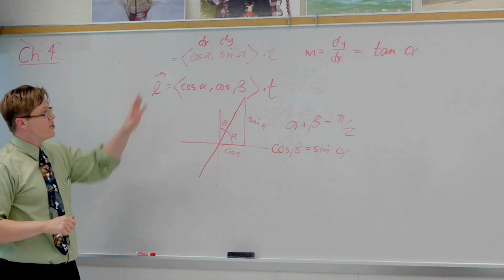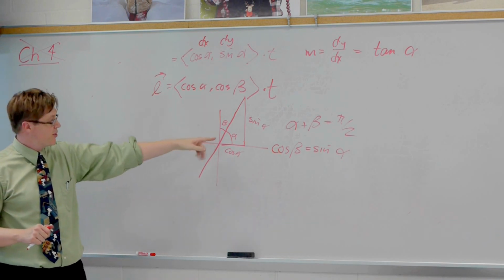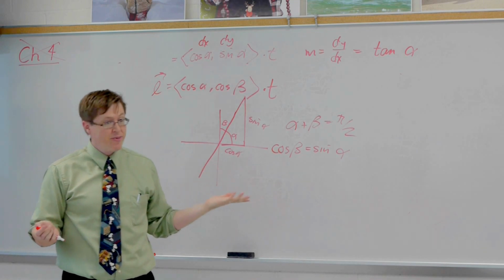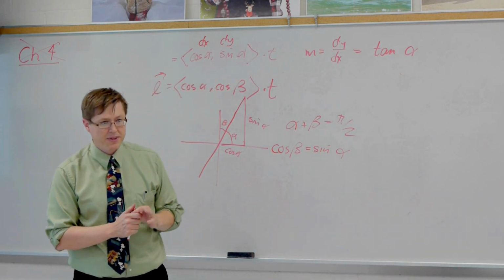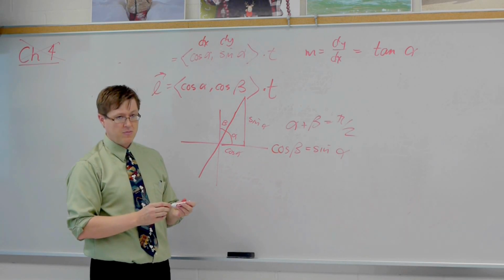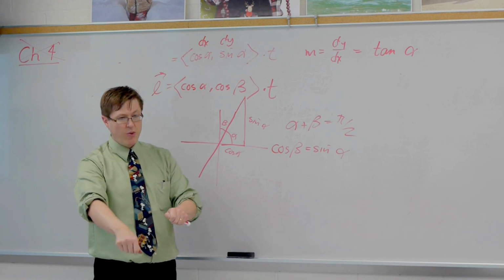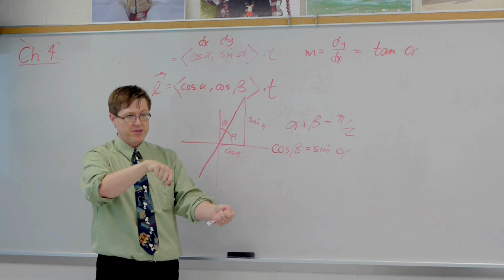So in 2 dimensions, this simplifies to only needing one direction coefficient, because once you know alpha, you know beta. But in 3 dimensions, you could have an angle with the x-axis, the y-axis, and the z-axis separately, and you can move each one of those.